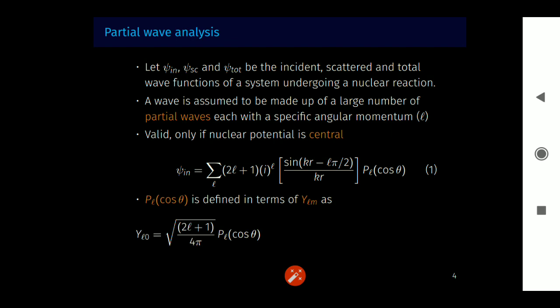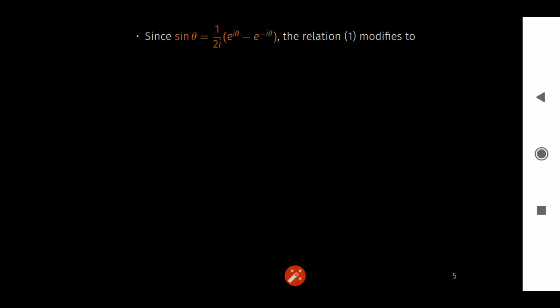The standard value of Y_L0 is written as root of (2L plus 1) divided by 4 pi times P_L cos theta. That can be simplified to P_L cos theta equals Y_L0 times root of 4 pi over (2L plus 1). One can substitute that value in equation 1 and simplify it for the incident wave function.